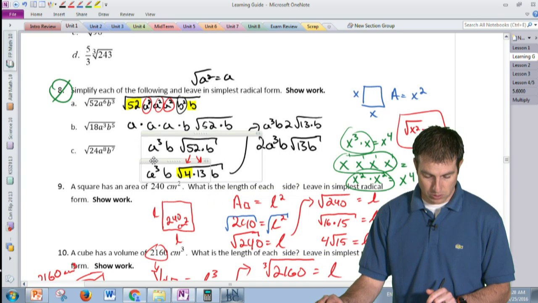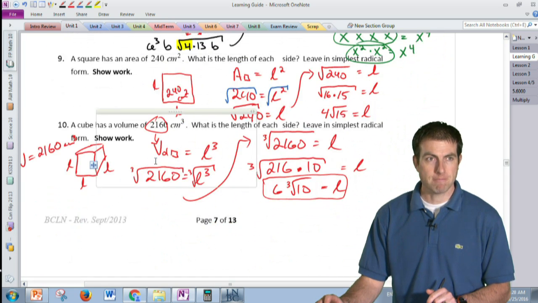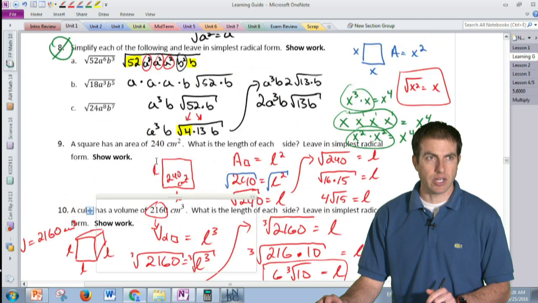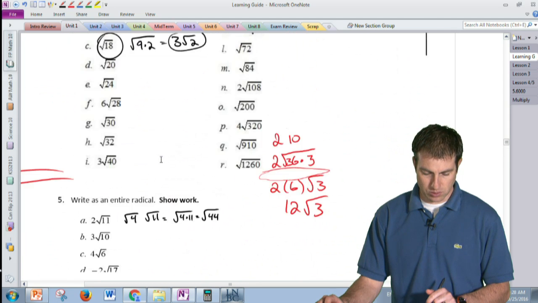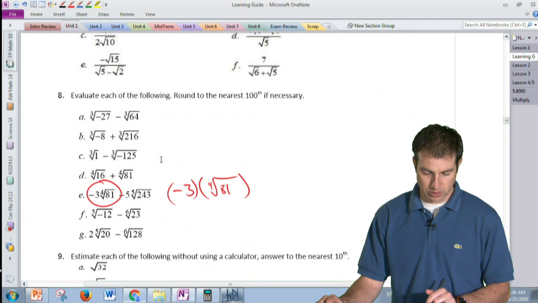I assume it's maybe this one on page 7, the variable ones under the radical sign. I think that's the only number 8 in this. Oh, there's another 8. Evaluate.